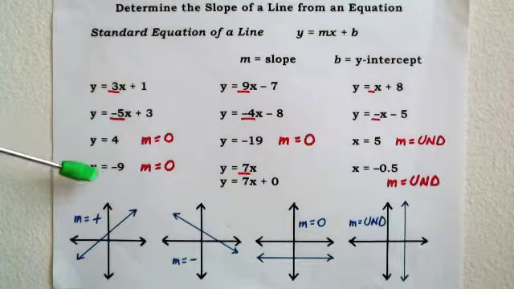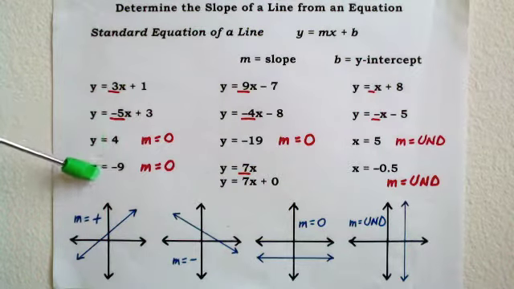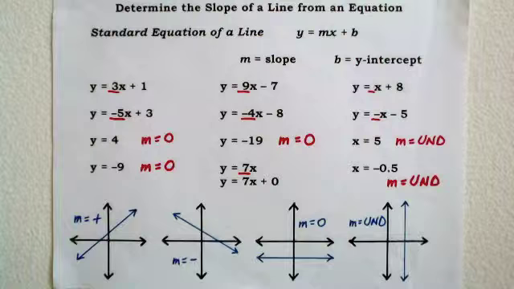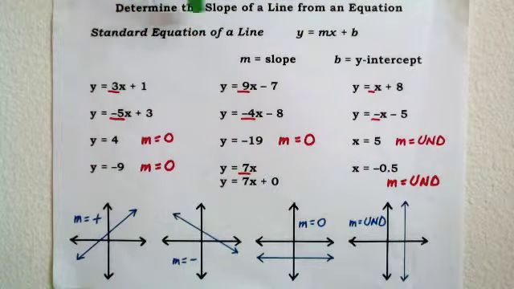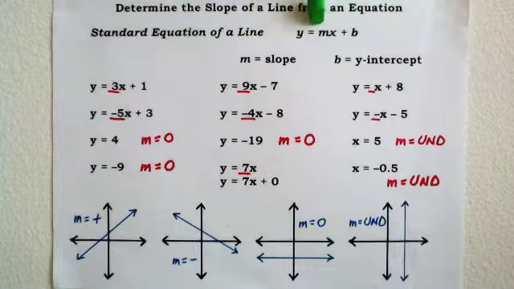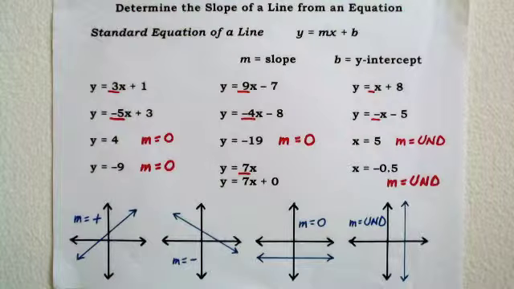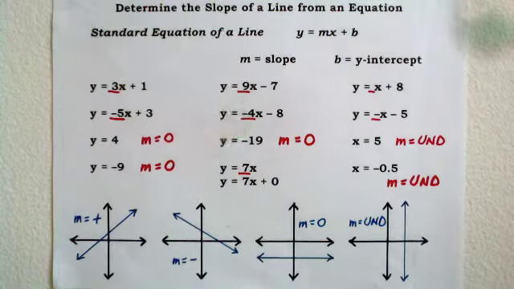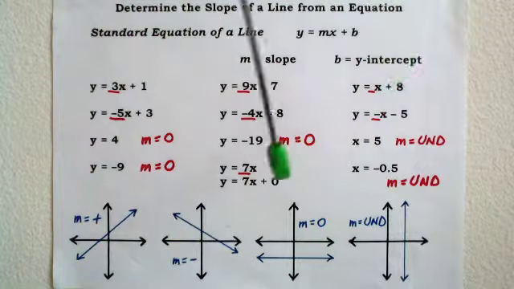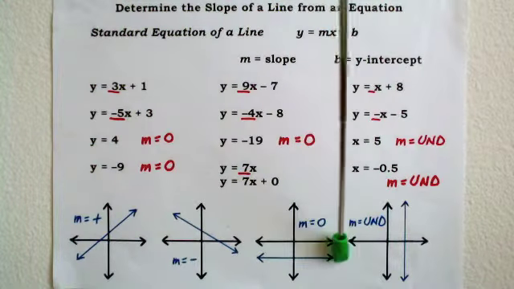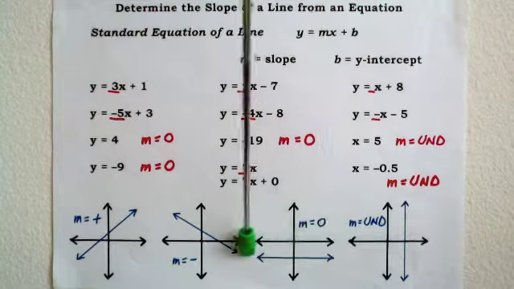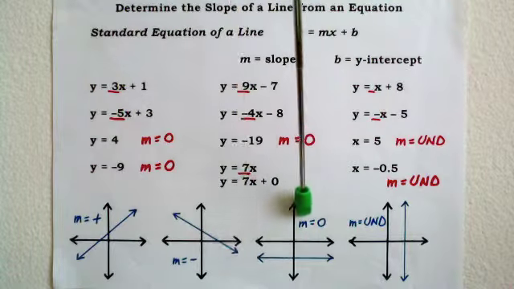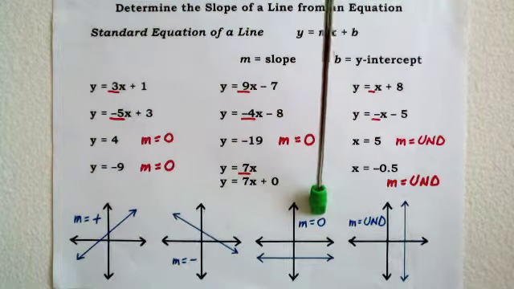Now let's look at these 3 equations for a line. This is not in the standard format. We don't have an mx term. These 3 lines are horizontal lines. Horizontal lines do not have a slope. There's no steepness, the slope m equals 0.